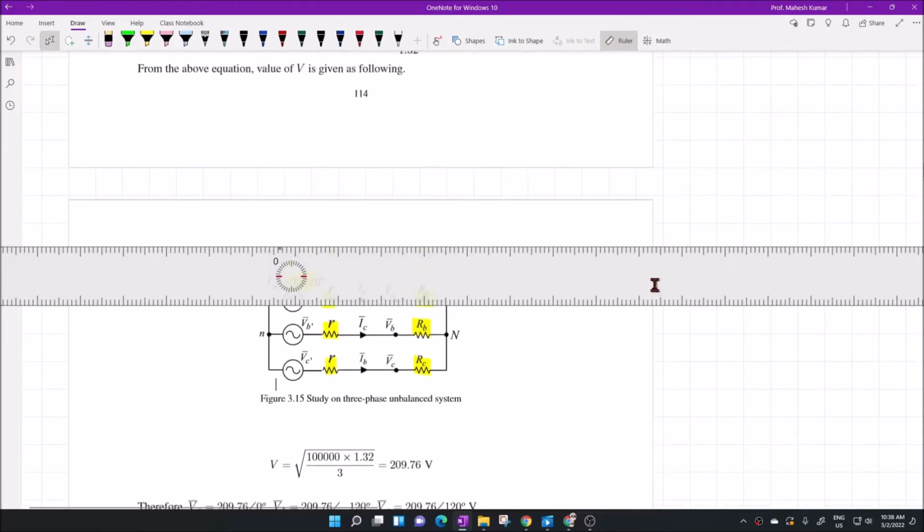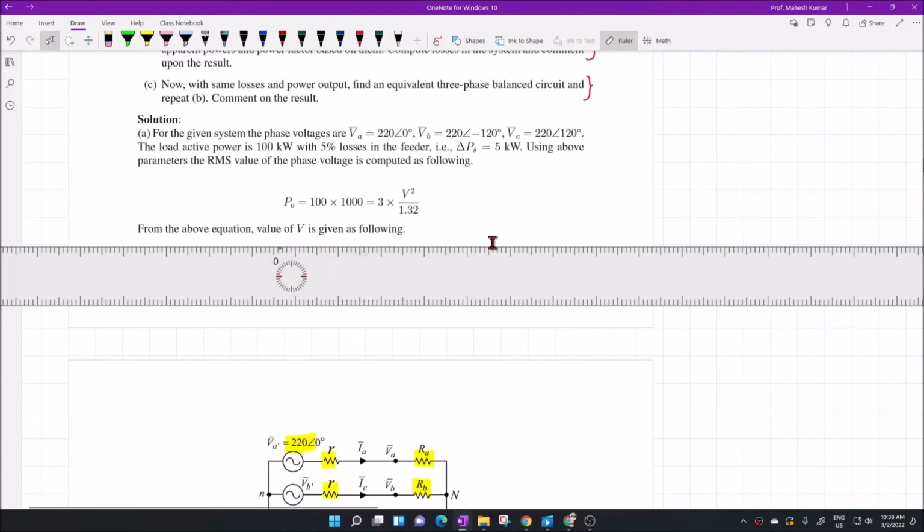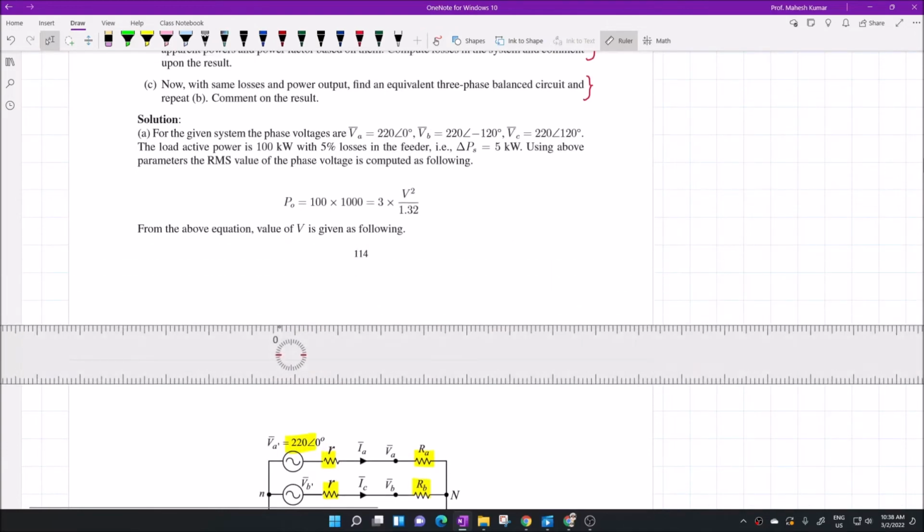So let us first find out the power output. Power output is nothing but 100 kilowatt. We want to deliver 100 kilowatt power. So for that, the voltage at the load is V. We are considering this RMS value as V. So the total output power will be 3 V square by R. This gives the value of voltage at the load point.